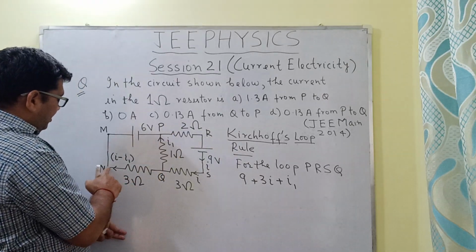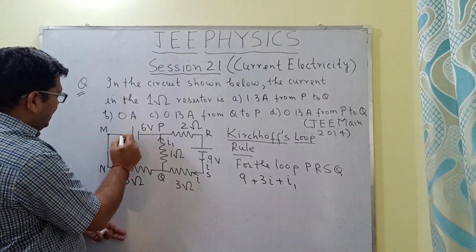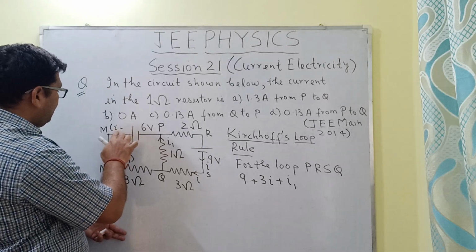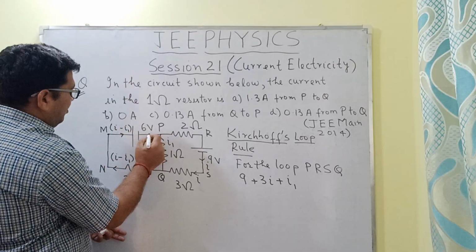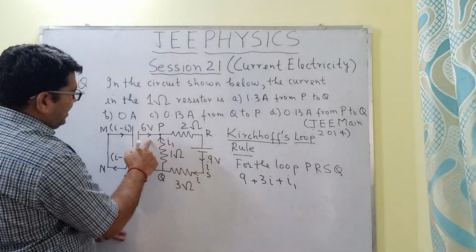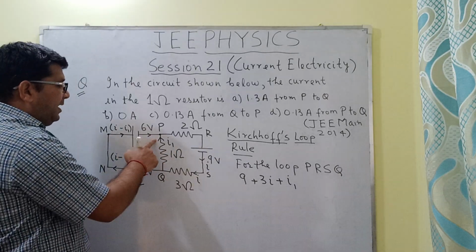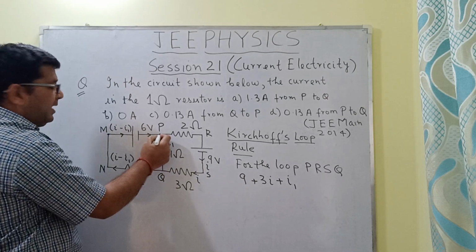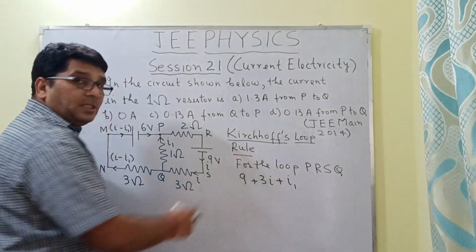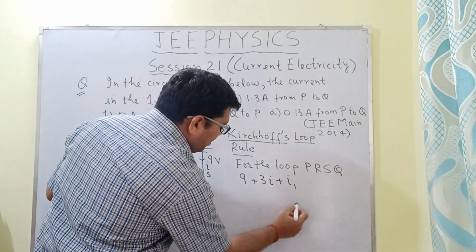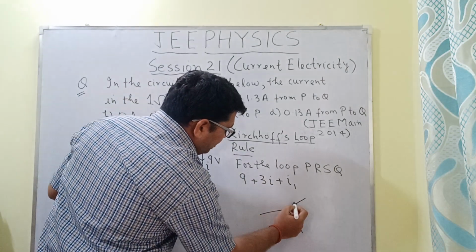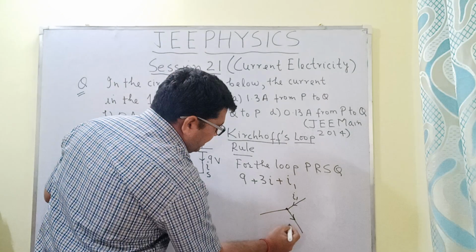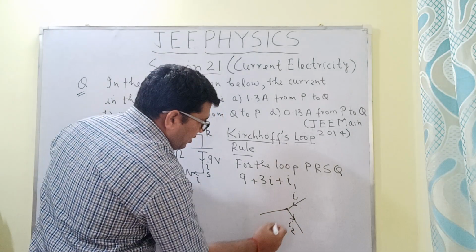Now the current which is flowing here is I minus I1. At this junction, this I minus I1 and the current flowing through this 1 ohm resistor, I1, will be meeting at this point Q. So if I apply Kirchhoff's junction rule, let us say this is the current flowing towards the junction, and these are the currents going out of the junction.